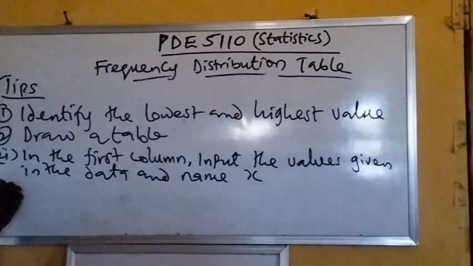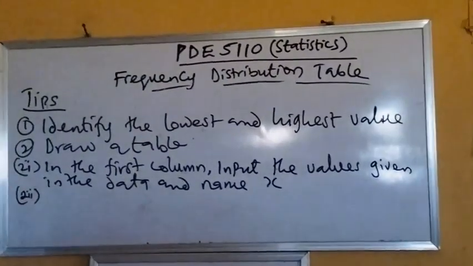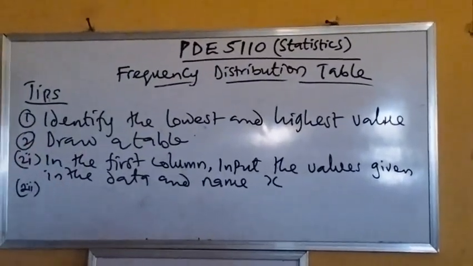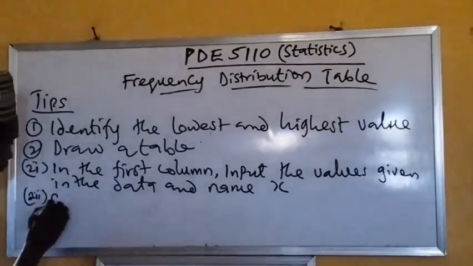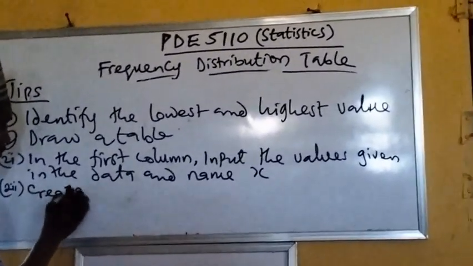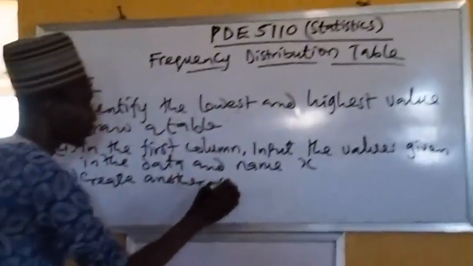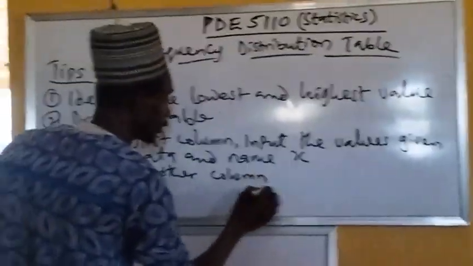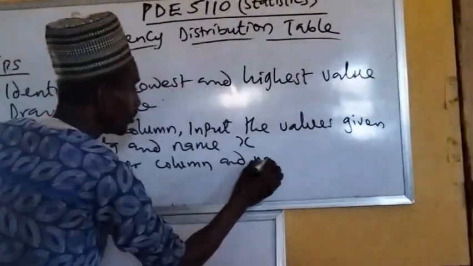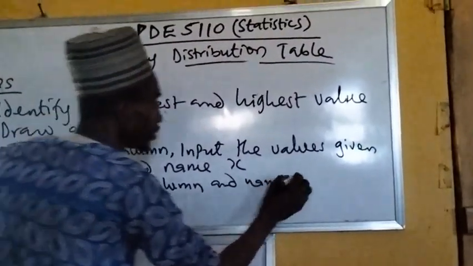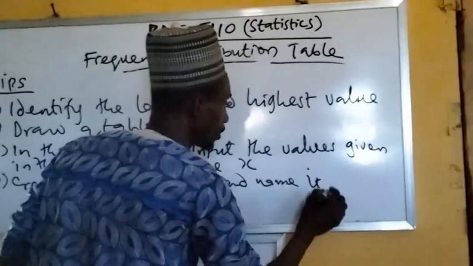Then 2ii. The next one, create another column and name it tally.